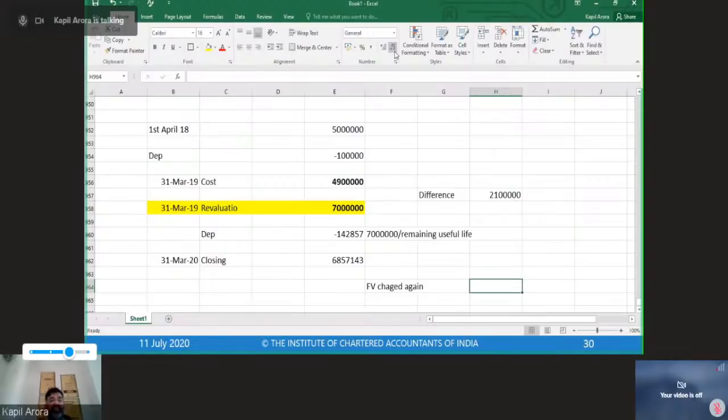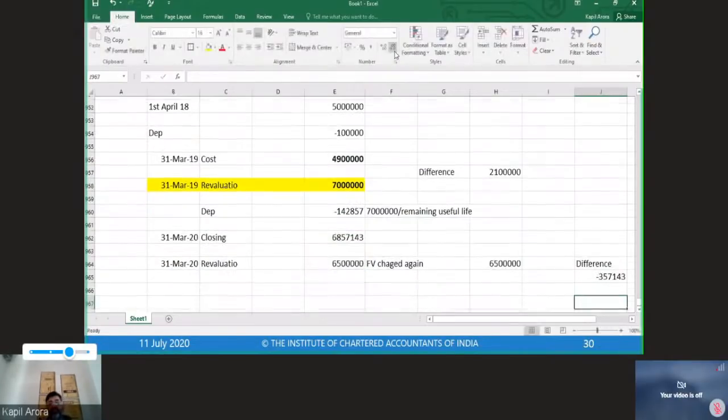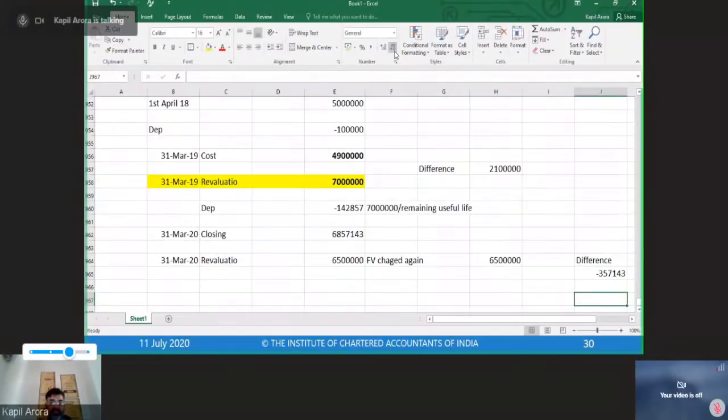So fair value changed again. Now the new fair value is 65 lakhs. So my new revalued amount is 65 lakh, and there is a difference of 3,57,140.